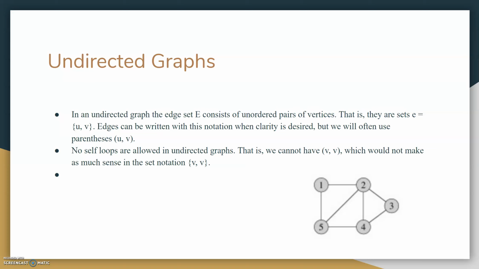This kind of graph doesn't allow self loops because it's undirected, so we cannot have pairs like (v, v); you cannot loop back.